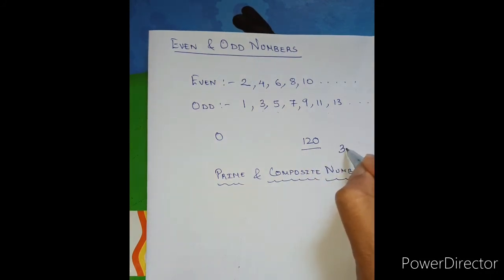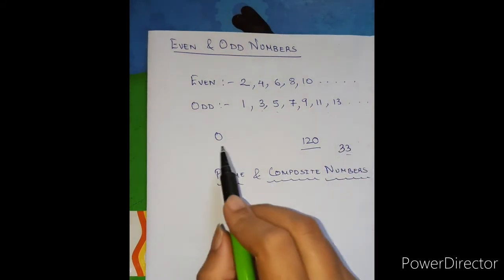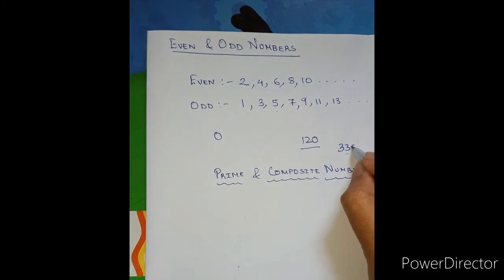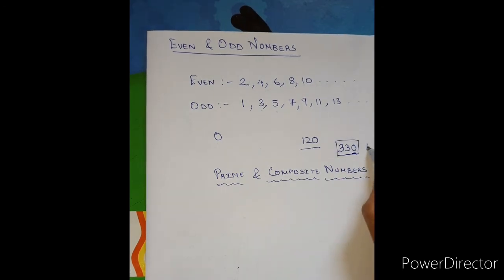What if I take 33? 33 is an odd number. If you check the ones place, you will know if it is even or odd. 3 is odd, so it makes the whole number odd. What if I put a 0 at the end, in the units place? It makes 330. When you add 0 to another number in the units place, it makes the whole number even.